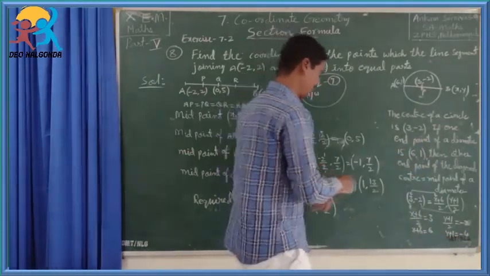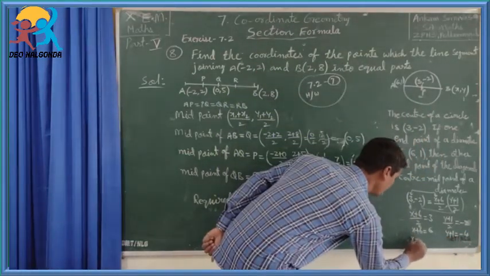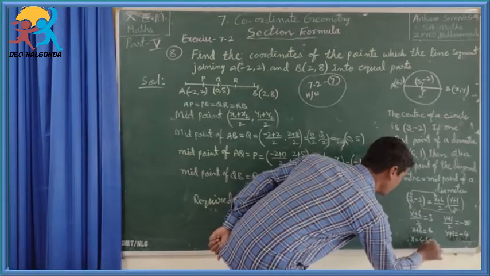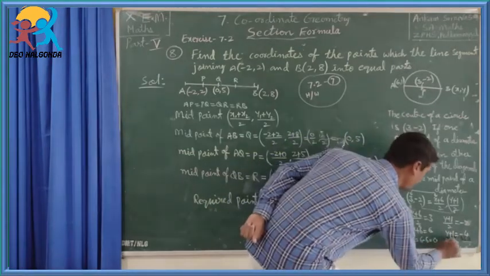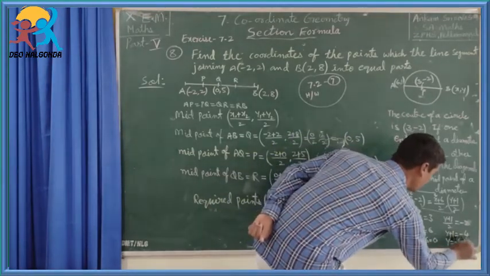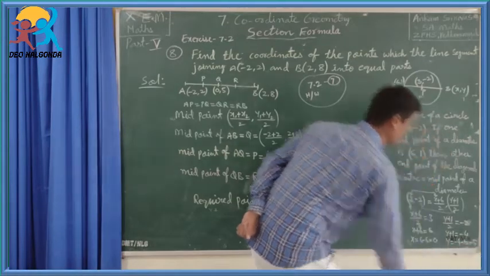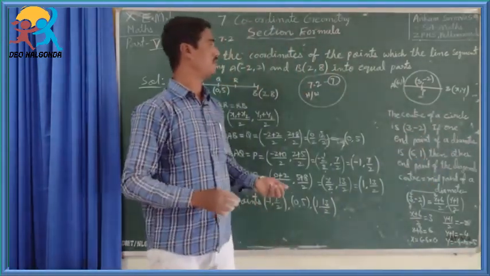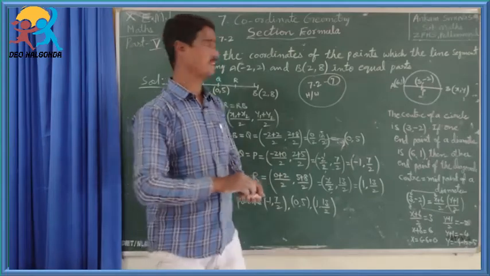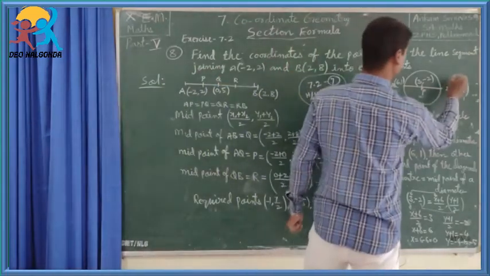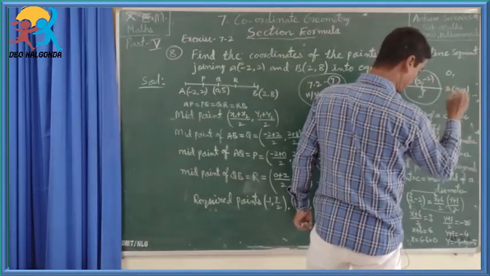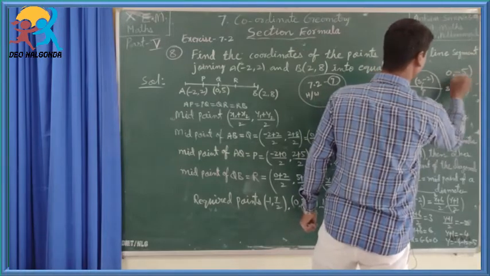So x equals 6 minus 6 equals 0, and y equals -4 minus 1 equals -5. So the other endpoint of the diameter is (0, -5).